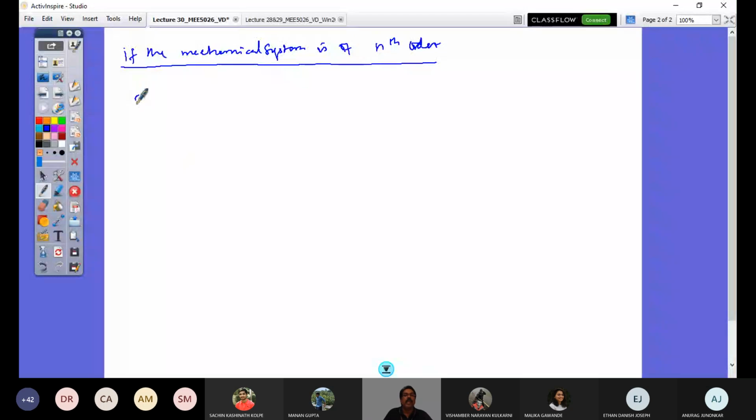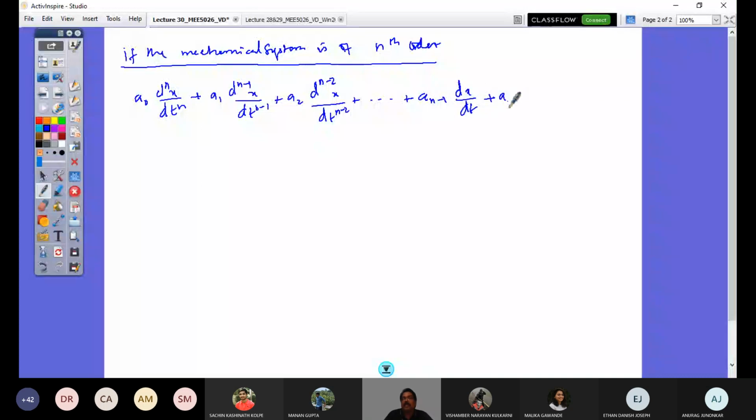So that would be A naught d power n x by dt power n plus A1 d power n minus 1 x by dt power n minus 1 plus A2 d power n minus 2 x by dt power n minus 2 plus and so on, plus a term A n minus 1 dx by dt plus A n x.